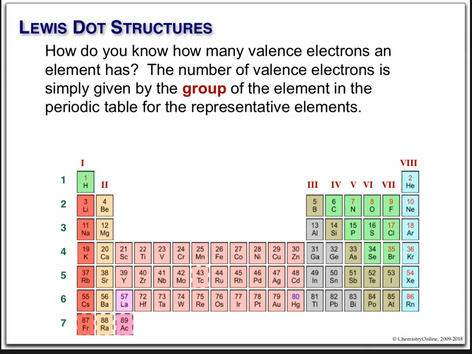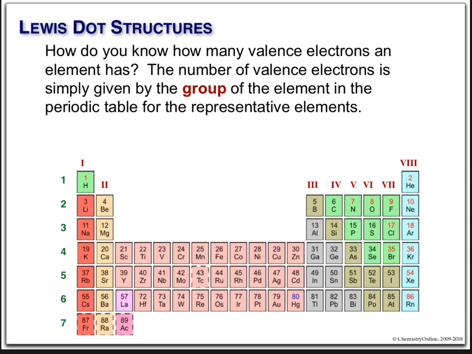How do you know how many valence electrons? Well, remember, a long time ago I said, yes, there are in fact 18 things going across our periodic table. But we're only going to do 8 of them, the representative elements. Why?